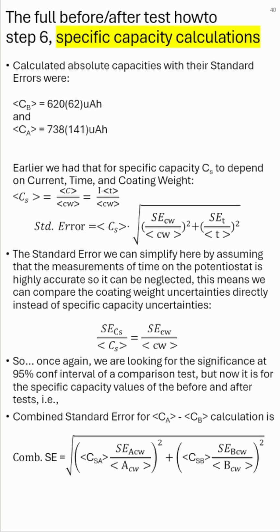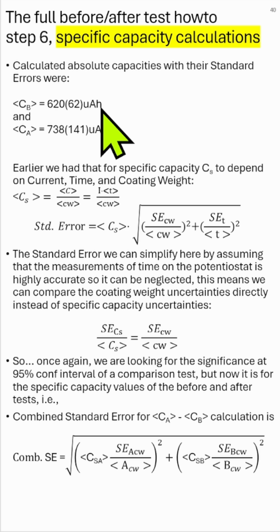The full before-after test how-to, step 6, specific capacity calculation. Alright, so now we have measured the absolute capacities with standard error calculation. So we have that the mean value of the absolute capacity of the before modification electrode became 620 microampere hours and standard error of 62.